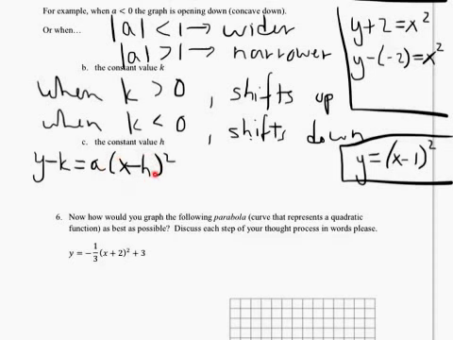Again, this says x minus h over here. This says x minus 1. So h is just 1. And it shifted to the right 1 unit. So again, for this one, we could say the same thing as the k, but instead of shifting up and down, we're going to talk about shifting right and left.